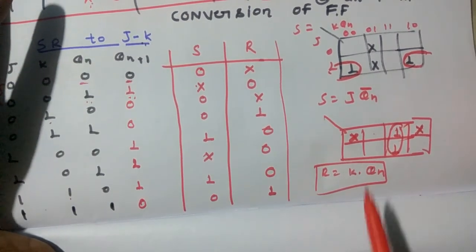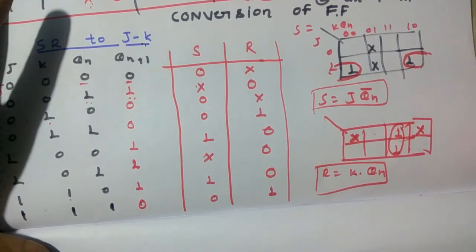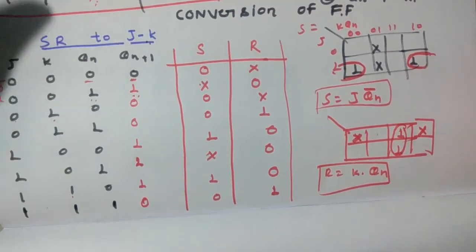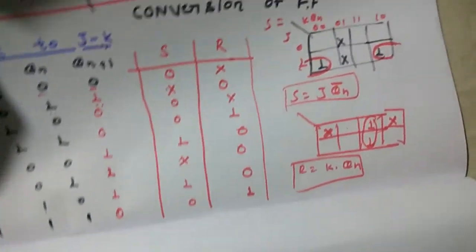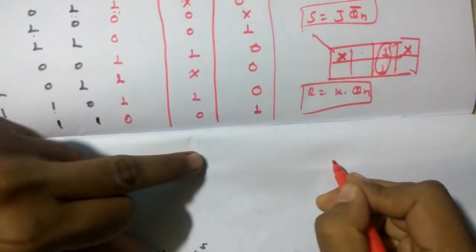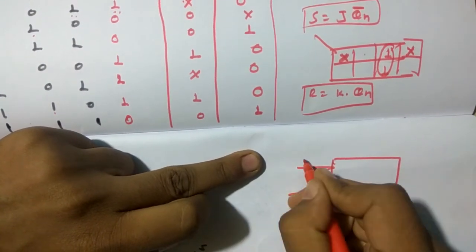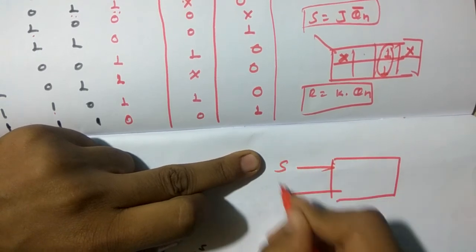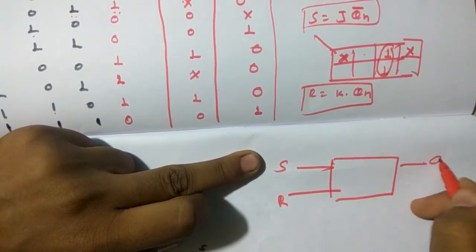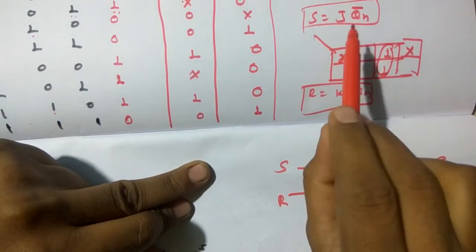So guys, these are the two equations. Now how do we implement them? Suppose this is the SR flip-flop. This is Q and this is Q bar. What does the first equation say?